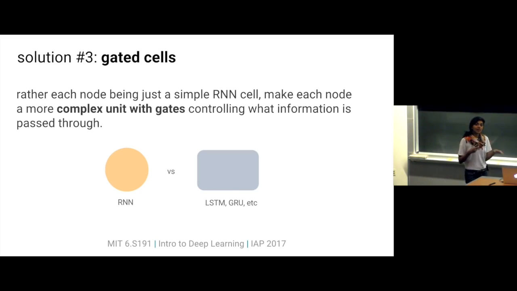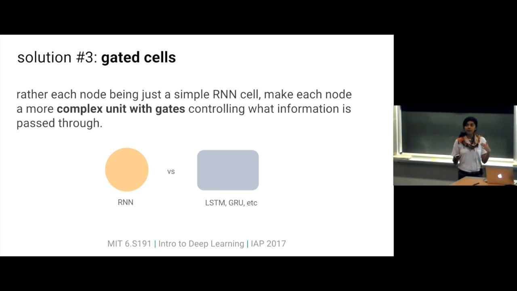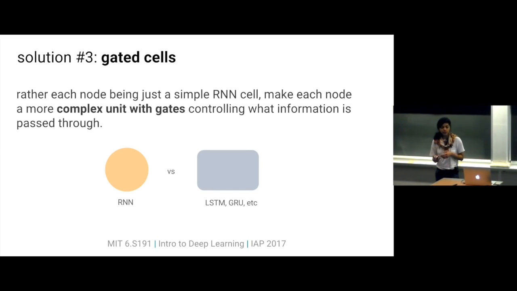And a gated unit basically controls the flow of information through it with several logic gates that allow certain information to pass through unchanged and basically prevent the vanishing gradient problem. And so some common gated cells that are used are LSTMs, or long short-term memory cells, or gated recurrent units, or GRUs.